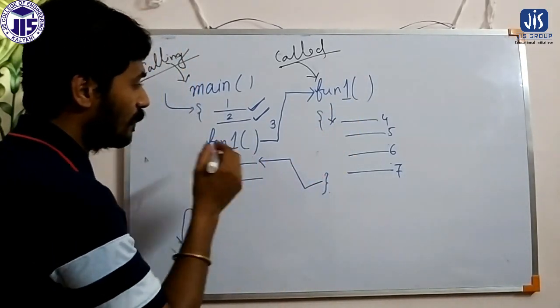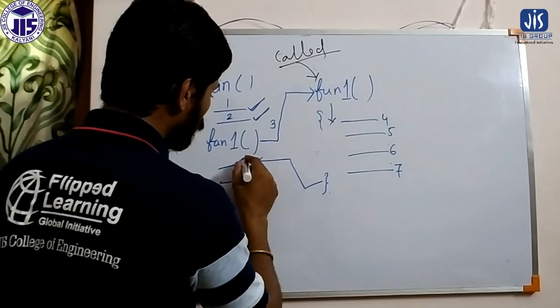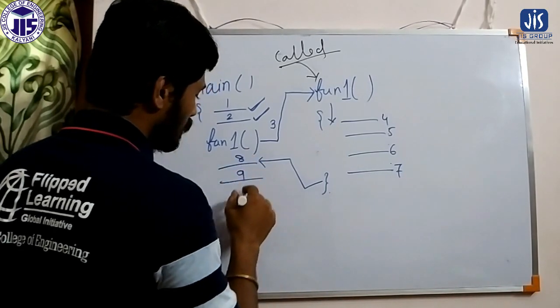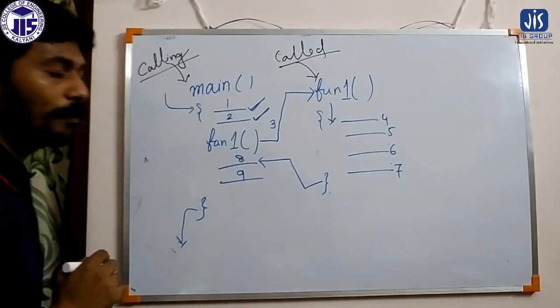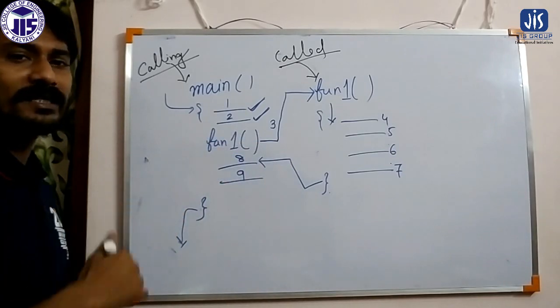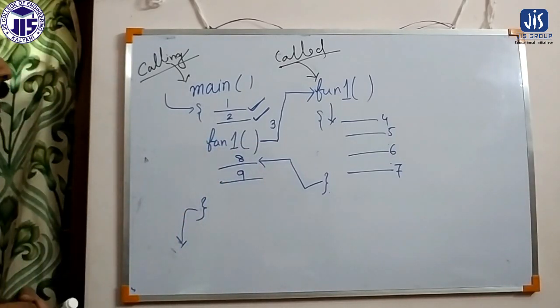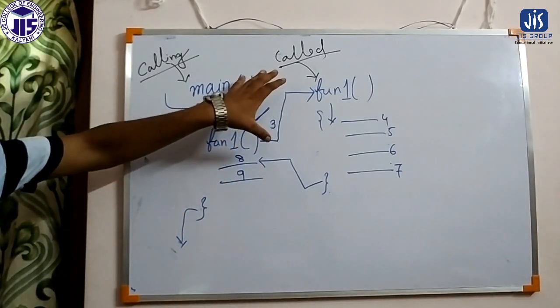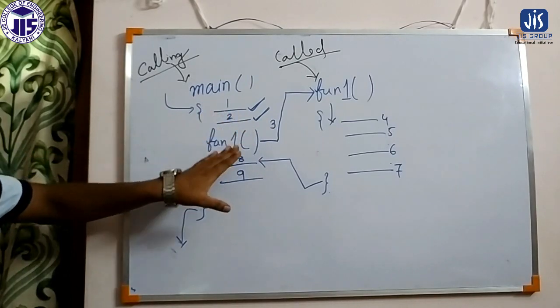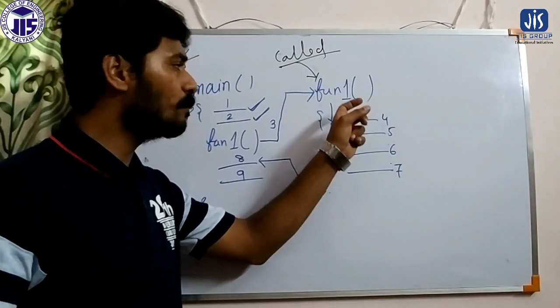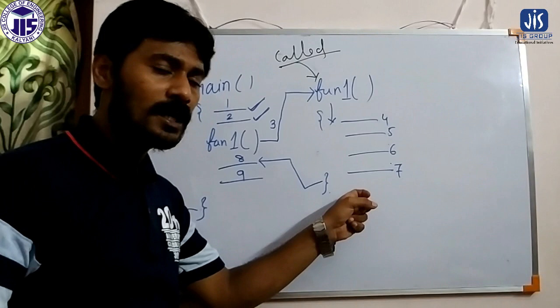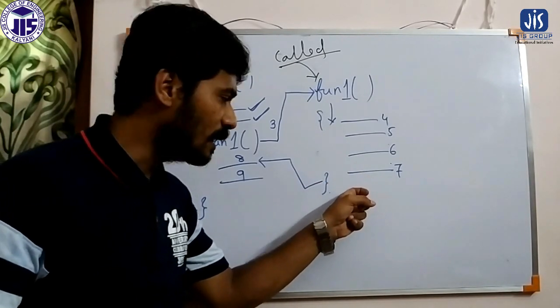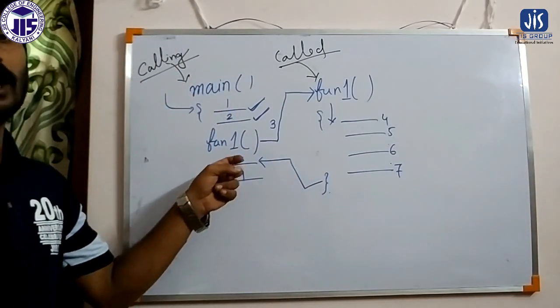So it will return here. The next statement will be executed, and then the program ends. That is the flow of execution of any function. Whenever we call a function, from the calling function it will jump to the called function, execute it, and after completion of the called function, it will return to the calling function.